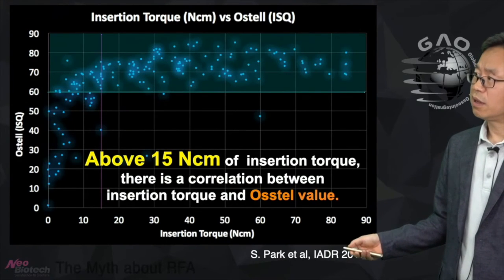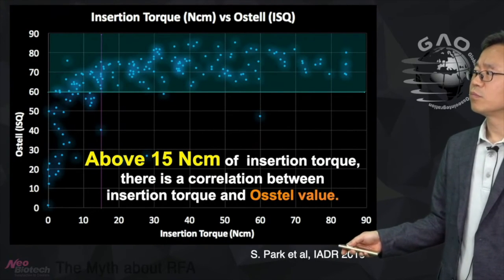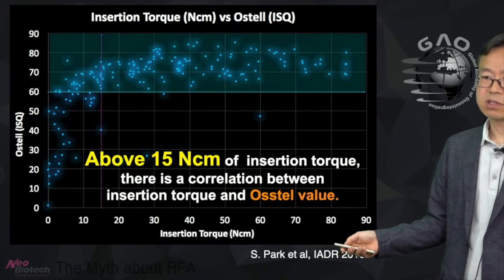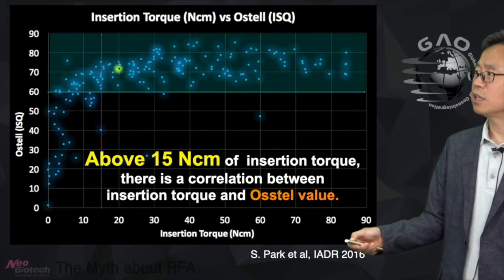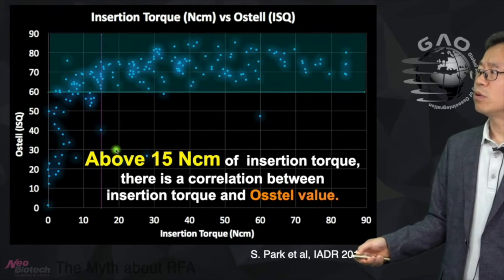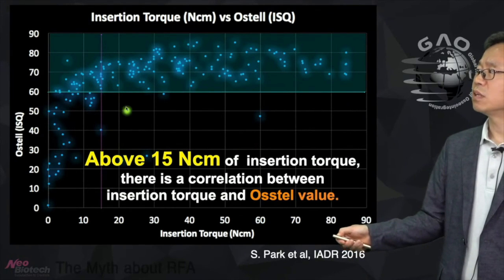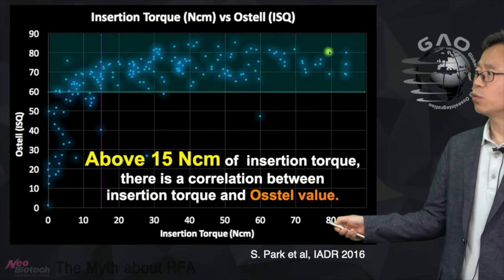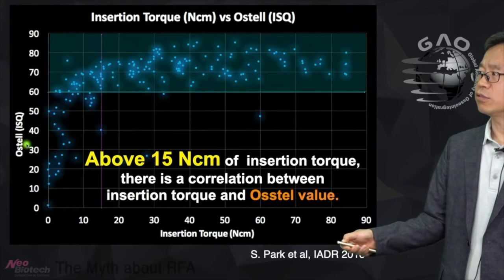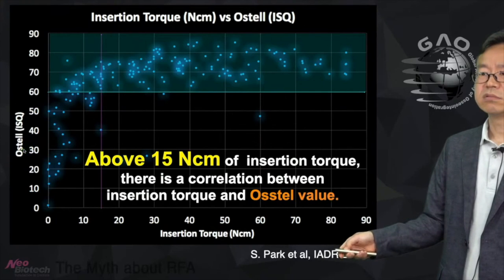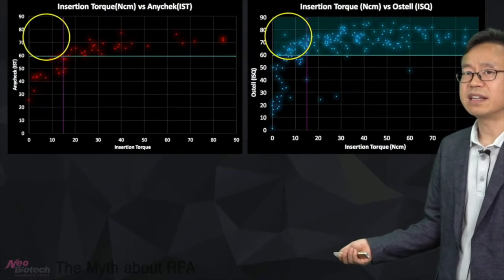But with Osstell, pretty much the same correlation was found. So above 15 Newton centimeters, there was a linear correlation between the insertion torque and the Osstell value. But what's the difference then?